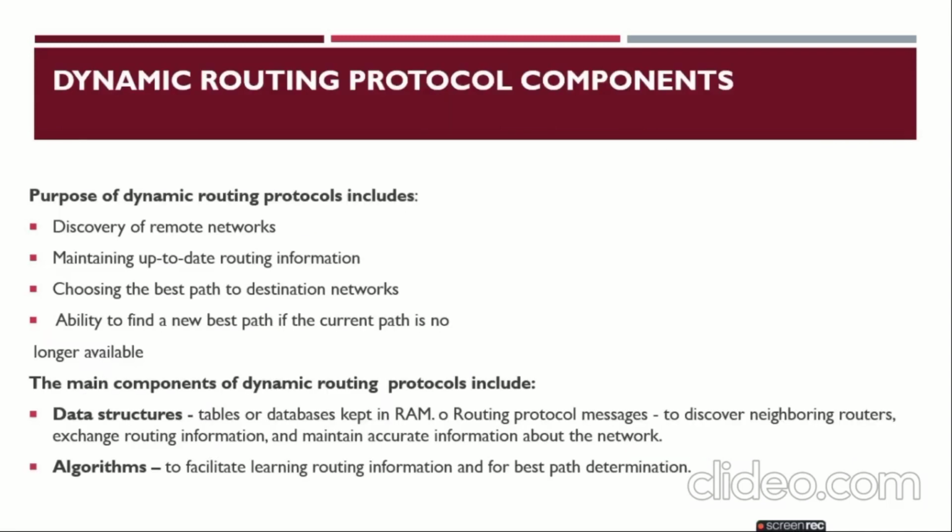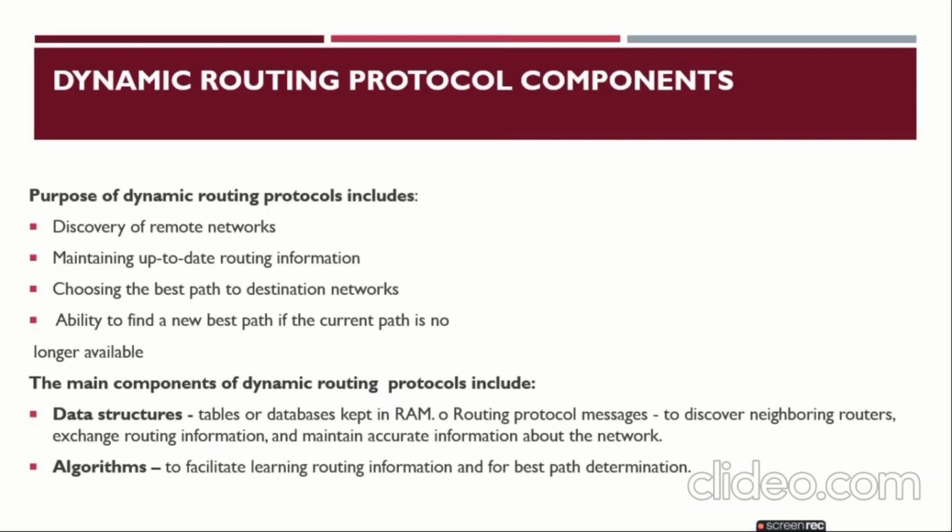Dynamic routing protocol components. The purpose of dynamic routing protocols is discovery of remote networks, maintaining up-to-date routing information, choosing the best path to destination networks, and the ability to find a new best path if the current path is no longer available. The components of dynamic routing protocols are, first, data structures.